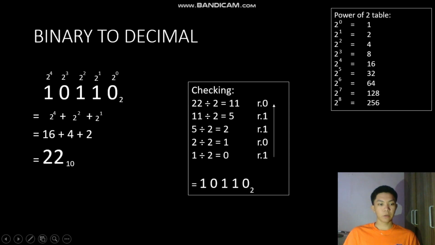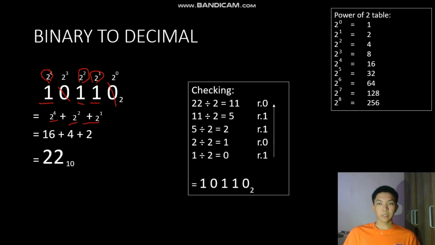Since 0 is an off state, we can erase the 0, and we only need the value 1. So for the equation, we only get 2 raised to the power of 4, 2 squared, and 2 to the power of 1. So we have this.